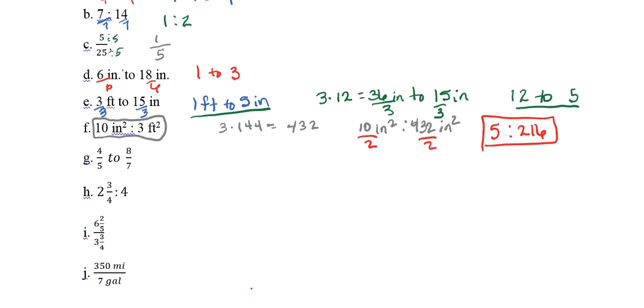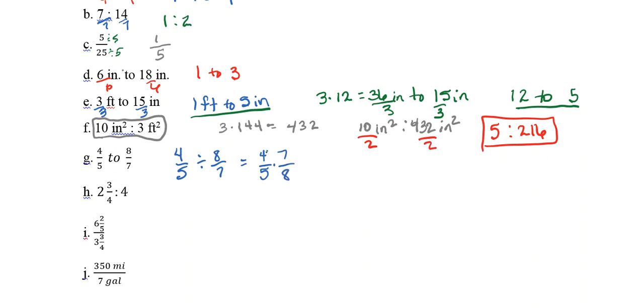Okay, when we're doing ratios with fractions, we just have to think about what we know about fractions. When we're doing ratios, the reason we do a division sign sometimes is because it's like a division problem. So we're going to go 4/5 divided by 8/7. Instead of dividing fractions, we multiply them by their reciprocal.